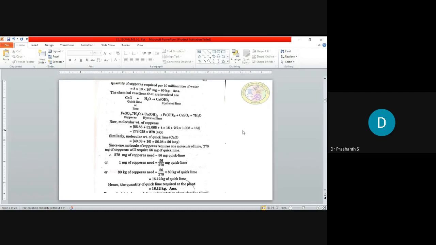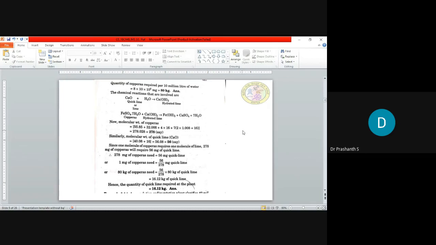See, copperas always requires lime alkalinity to form ferric hydroxide. Ferric hydroxide is the precipitate which attracts the small particles. So to form ferric hydroxide, there should be enough alkalinity. If alkalinity is not there, we have to add it externally.